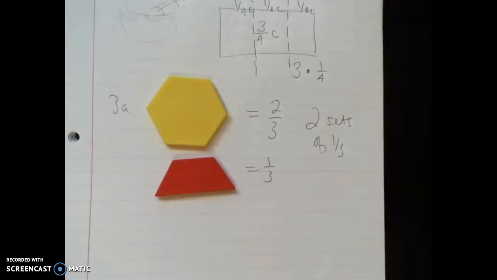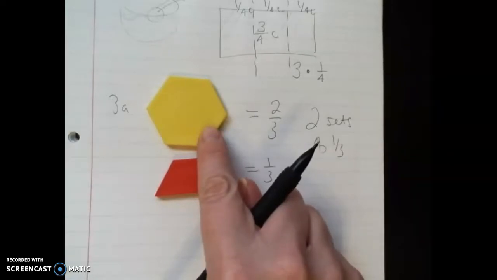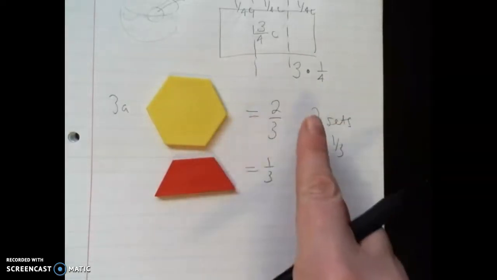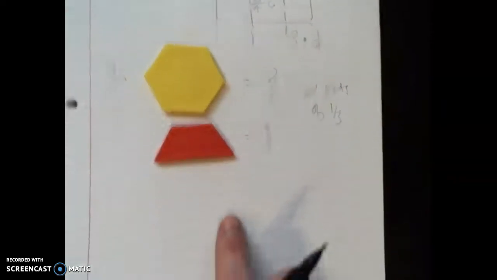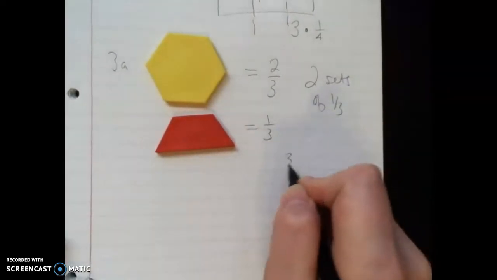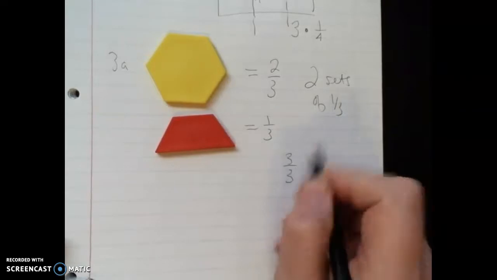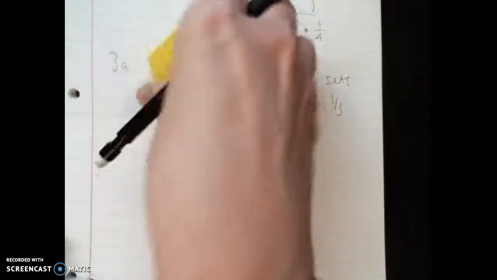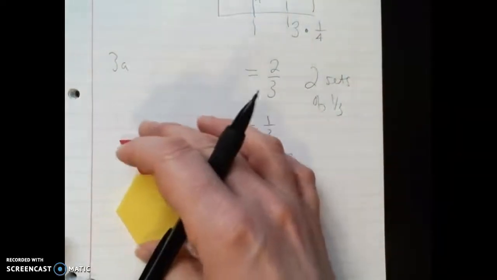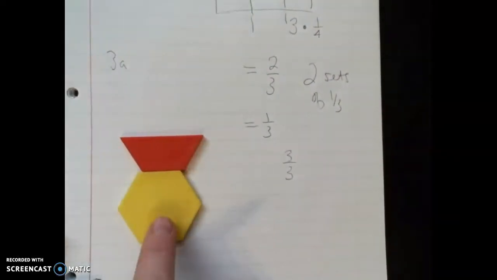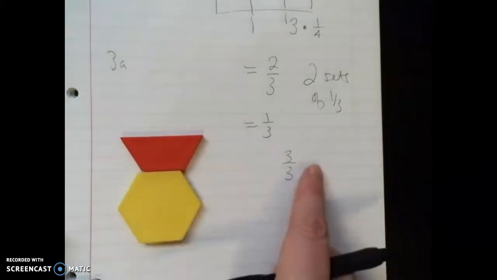In the directions it says use pattern tiles to make what could be the design. So if this is 2/3 of the area of a bigger design, then I need to build up to 3/3 to get the area of the whole design. I could do that a couple ways. One is I could take this and maybe put that on top, because if this is 1/3, 1/3, 1/3, I get my 3/3.